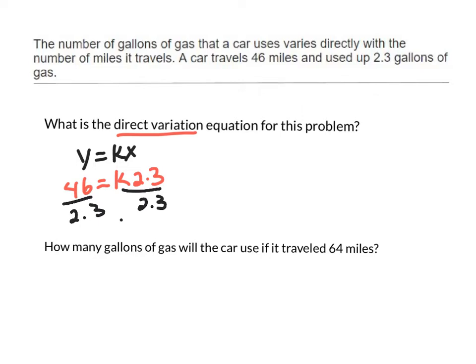So when we work that out, k is going to equal 20, because when we divide, 46 divided by 2.3 is 20. So now we know that k equals 20, so we can plug that into our equation up here. And then our equation for this specific problem is going to be y equals 20x.